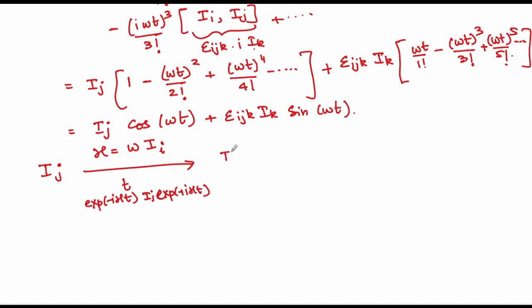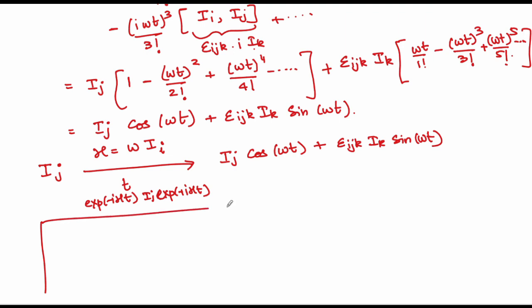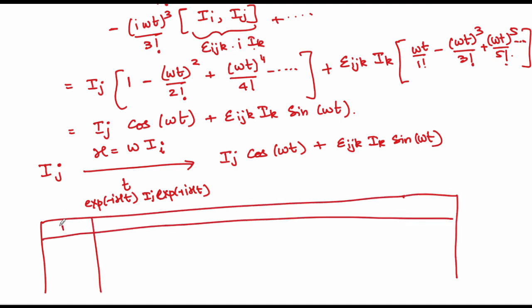You get the solution as Ij cos omega t plus epsilon ijk Ik sine omega t. So let's take a few examples to understand this better. I'm going to draw a table here. Let's start with Ij, then we can have an i here, and then we can write the answer.